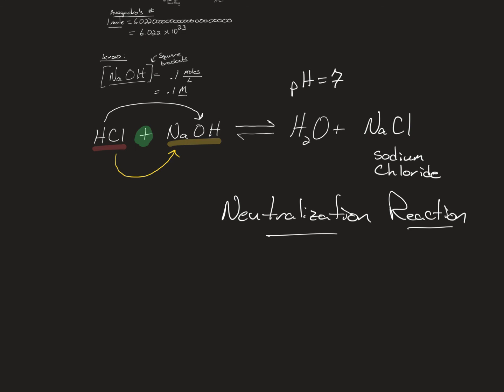You're going to take advantage that for every mole of HCl, I need a mole of NaOH to neutralize it. Does that make sense? Do you see how it's 1-to-1?